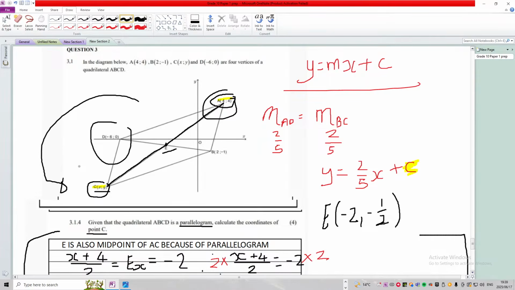But then the difference between the y coordinates is 4 or minus 4. But then you say 2 plus 10. Why are you saying 2 plus 10?